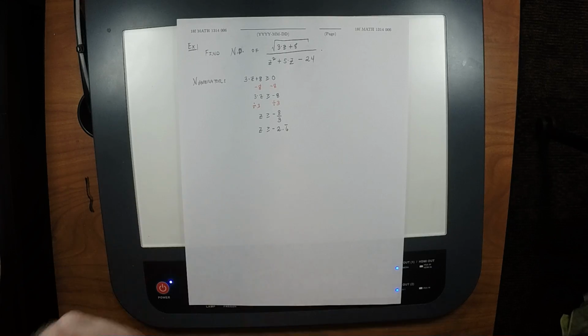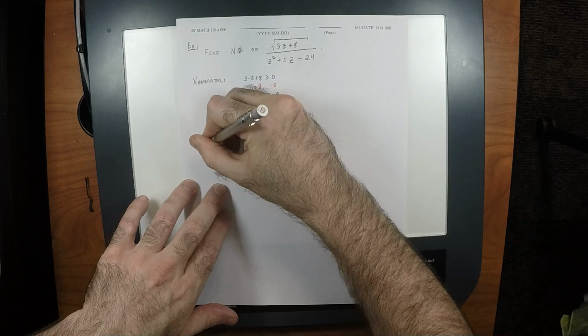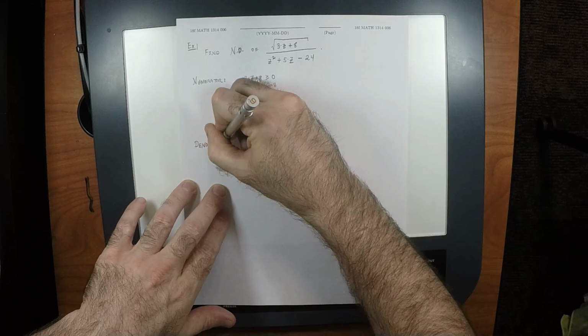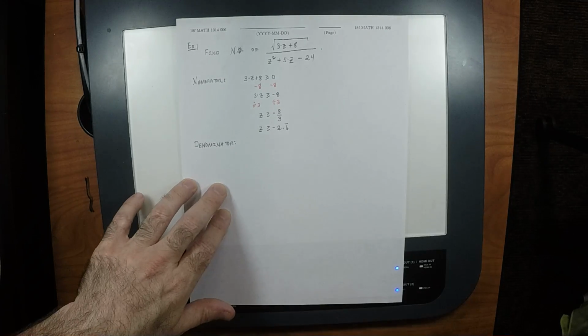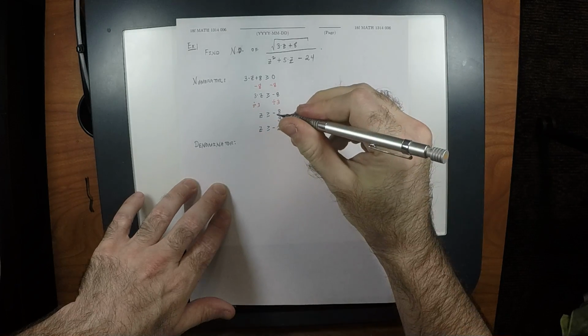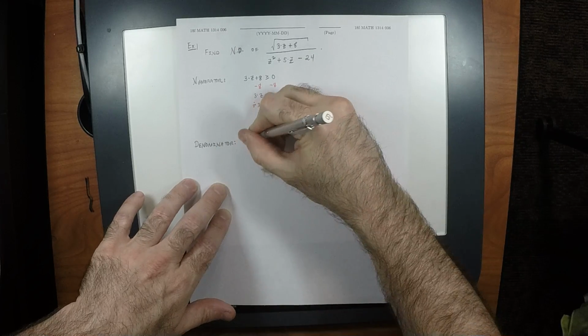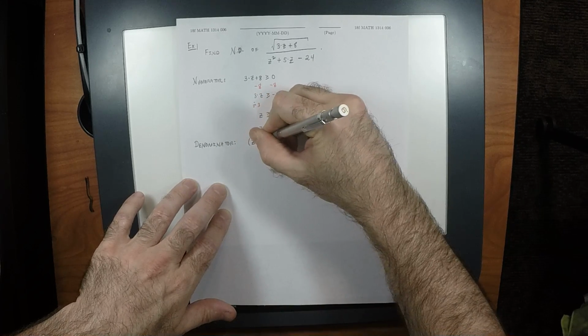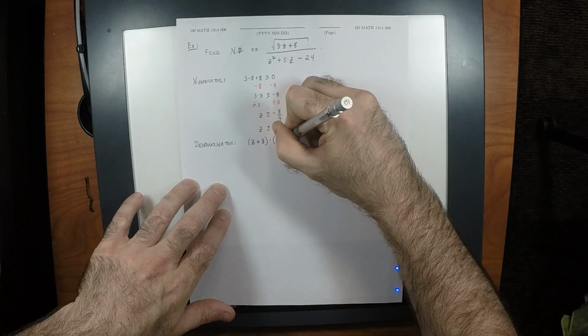As for the denominator, what's required? Right. So how does the denominator factor? Very good. So it factors as, yes, as you say, z plus 8 multiplied by z minus 3.